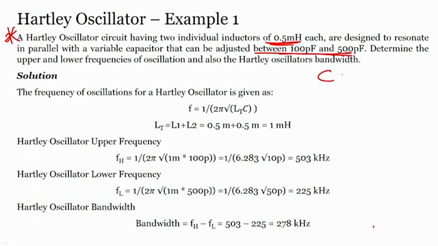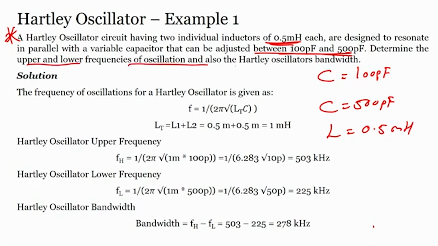That means we can have C equal to 100 picofarad minimum and 500 picofarad maximum. We have inductors of 0.5 millihenry. Determine the upper and lower frequencies of oscillation and also the Hartley oscillator bandwidth.